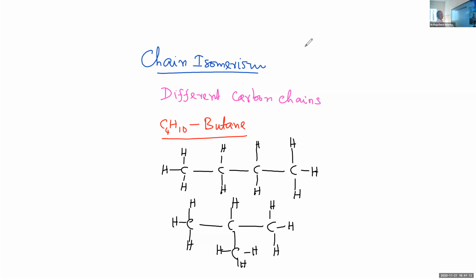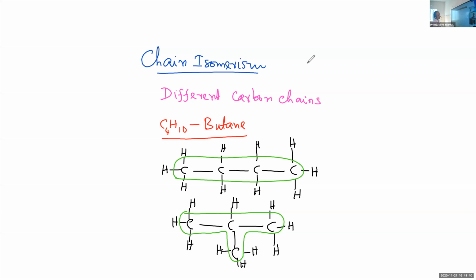And what is the difference in the structure? See here, a straight chain of 4 carbon atoms. But in the second compound, there is a branch. See the difference. Carbon chains are different.